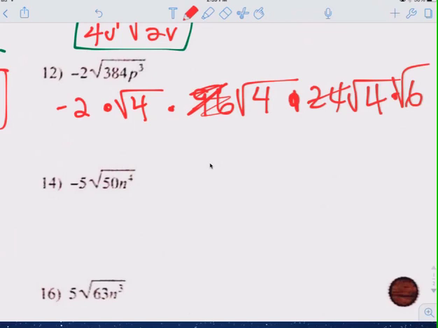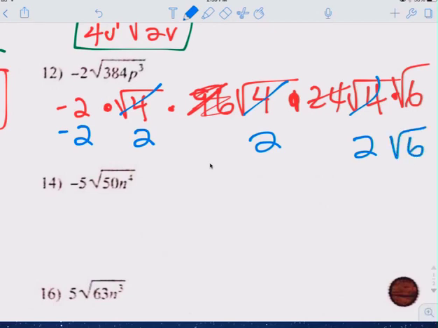6, we can't do anything to 6, right? So this is negative 2 we bring down, that's 2. This 4 is a 2, and that's a radical 6. Nothing we can do with that. Multiply all the 2's together, that's 4, that's 8, 16.